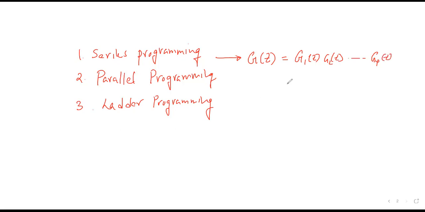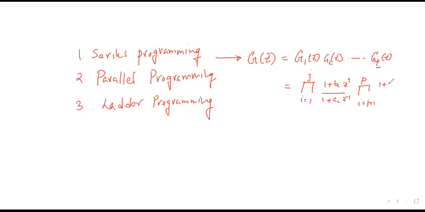So we can write the product from i equal to 1 to j as first order terms: 1 plus bi z inverse over 1 plus ai z inverse. And the second order terms run from i equal to j plus 1 up to p.